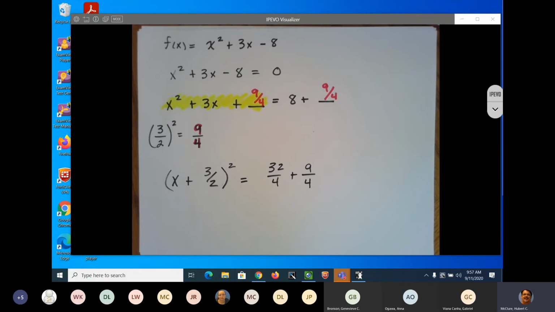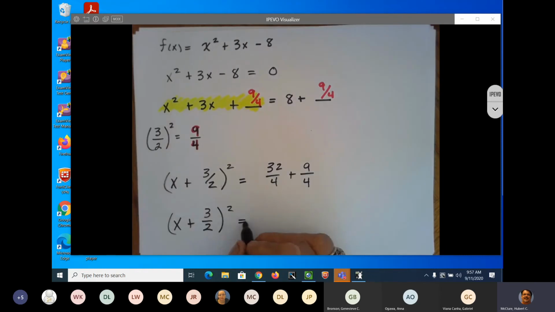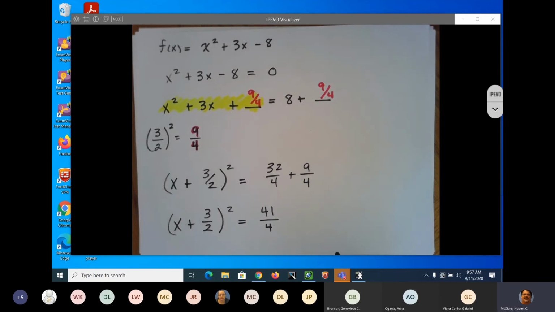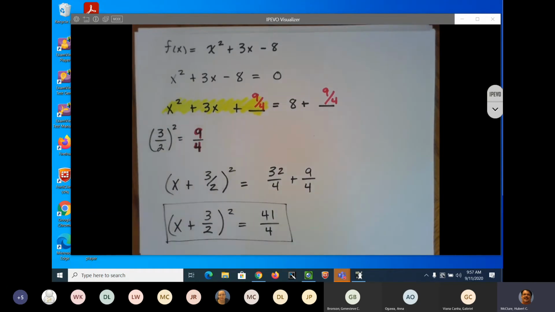X plus 3/2 quantity squared is equal to 41/4. And at this point, you have completing the square, and now you're ready to find the information you need.